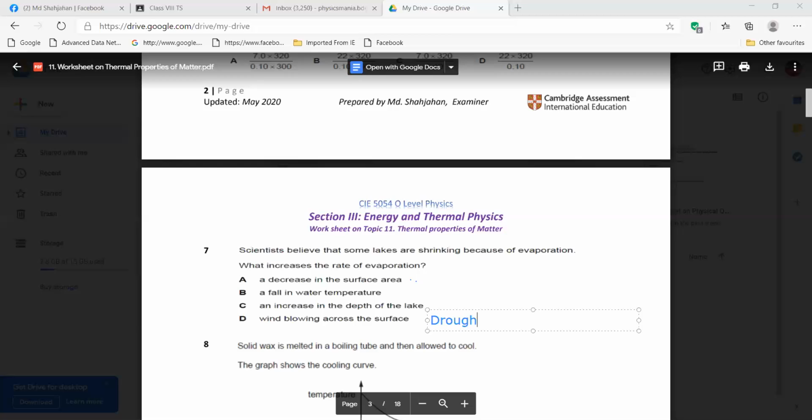There will be a T. If this is D-R-O-U-G-H-T, this is drought, about the dryness. Okay, now wind blowing, just remember this one. I'll check it again, no problem, the correct word or correct term for this.